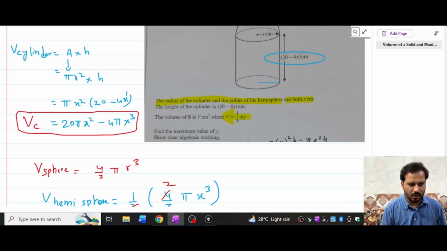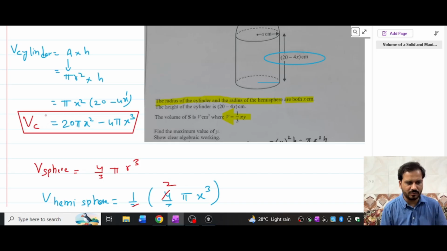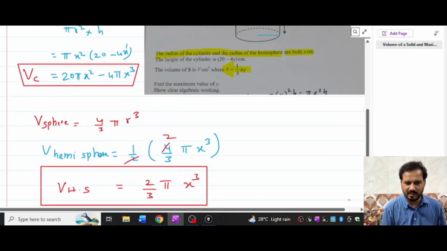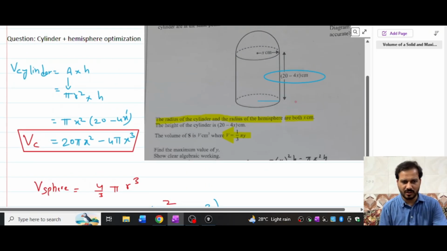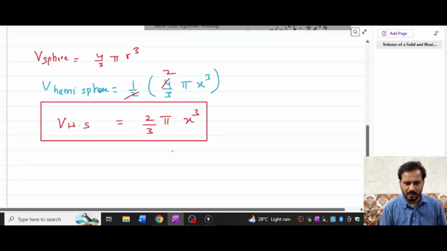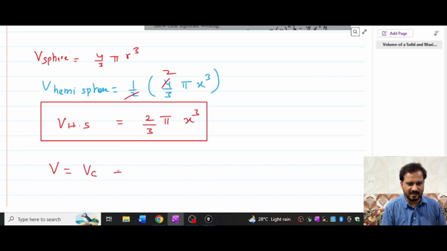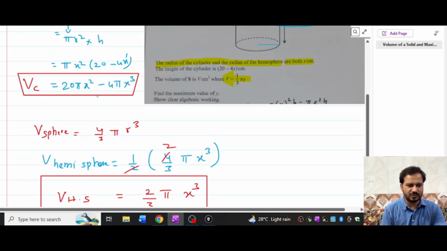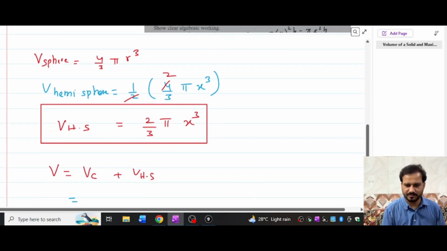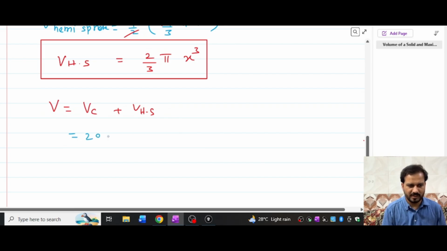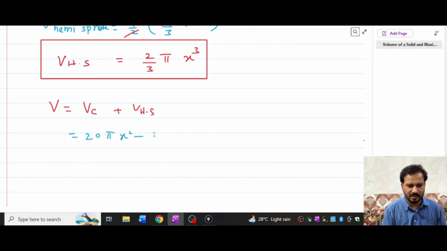Now by adding the volume of the cylinder and the volume of the hemisphere together, we'll get the volume of the solid in the given problem. Therefore, total volume V is equal to volume of cylinder plus volume of hemisphere. Just we'll substitute the values. The volume of the cylinder is 20 pi x squared minus 4 pi x cubed.